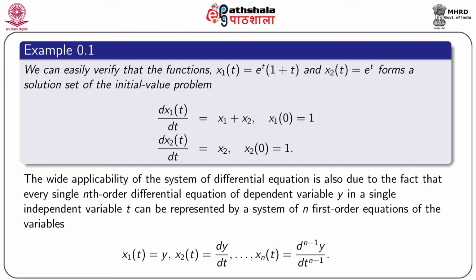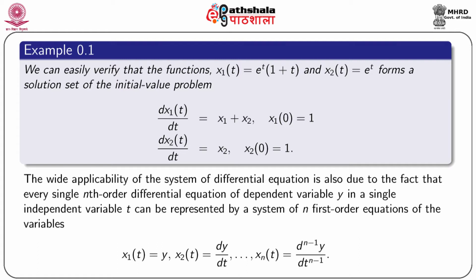Now, in this example, it can be easily verified that x1(t) equal to e^t times (1 plus t) and x2(t) equal to e^t form a solution of the initial value problem. You can easily prove that by substituting x1(t) and x2(t) in this differential equation to see they satisfy this particular initial value problem.